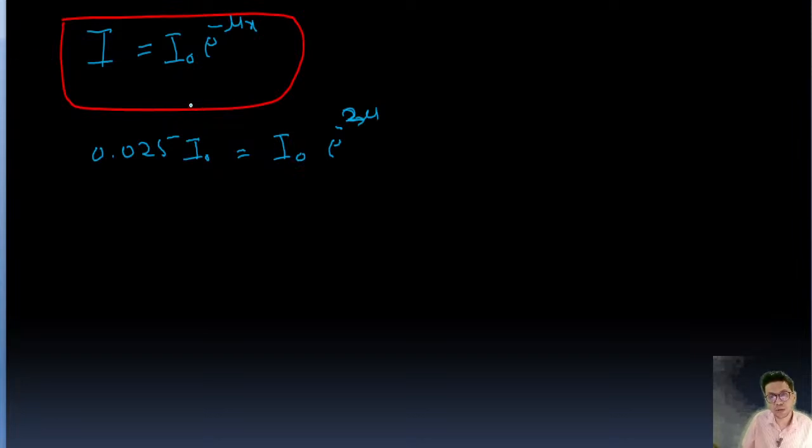So this is the formula, guys: I equals I naught e to the power minus mu x, where x is the width, the thickness. From here I naught will get cancelled, and e to the power minus 2 mu is going to be 0.025.